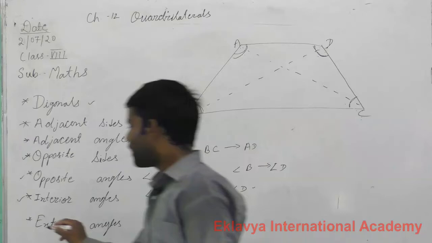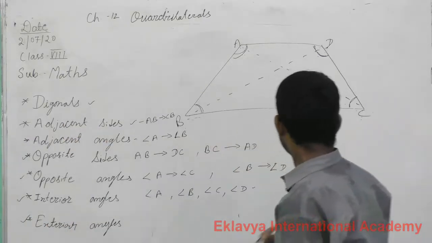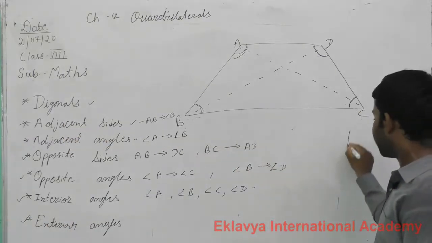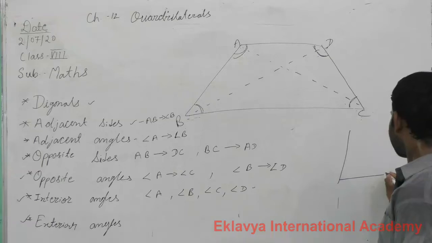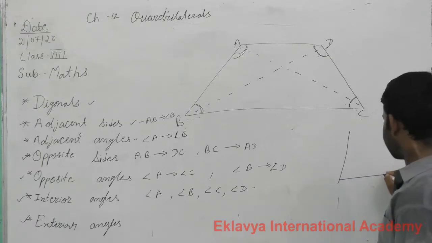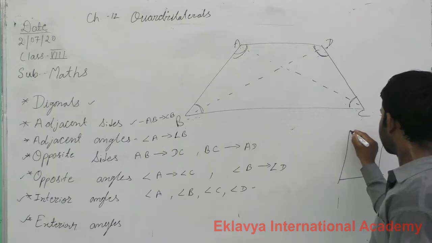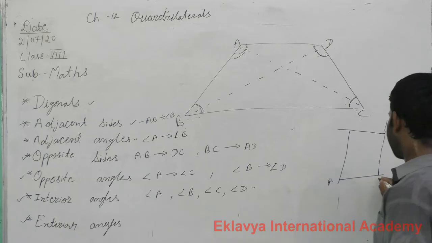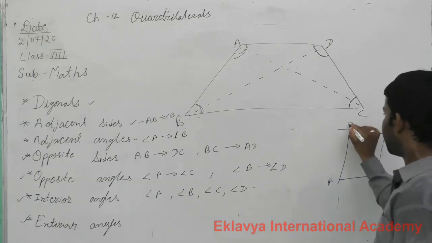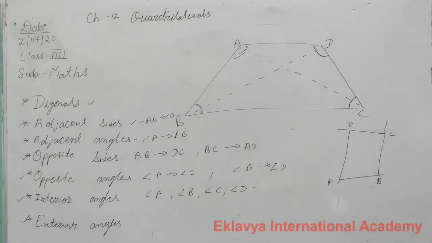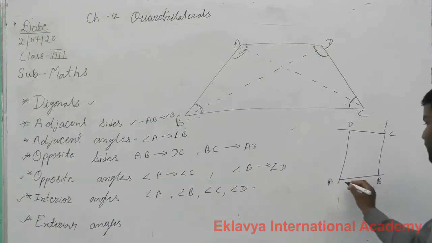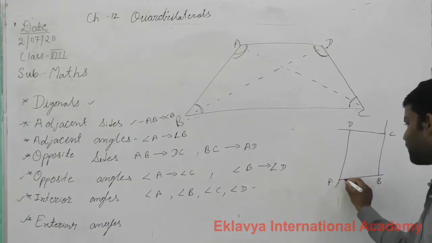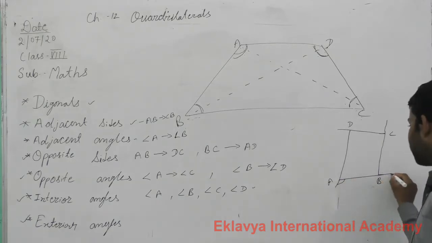Exterior angle. Exterior angles are, if we draw a quadrilateral A, B, C and D like this, then we extend these sides outside of the figure.